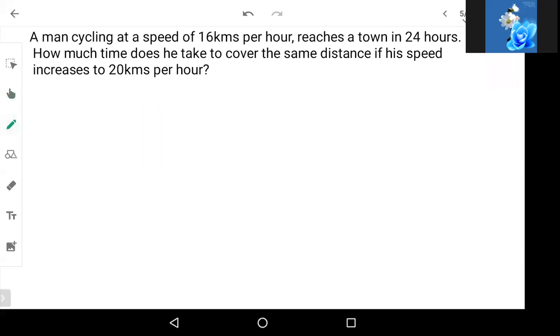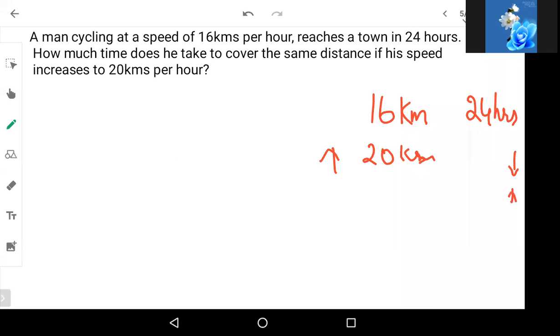So at 16 kilometers per hour, he will reach the town in 24 hours. Now the speed has increased from 16 to 20 kilometers. When the speed has increased, do you think the number of hours will decrease or increase? What do you think will happen?